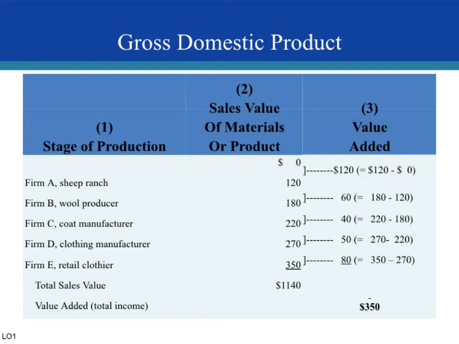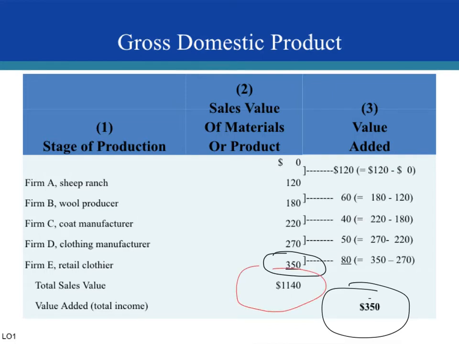So you can see here that the total value added is 350, and that is also what we sold the coat for. So we can either look at what the coat sold for at Macy's, or we can use the value added method.